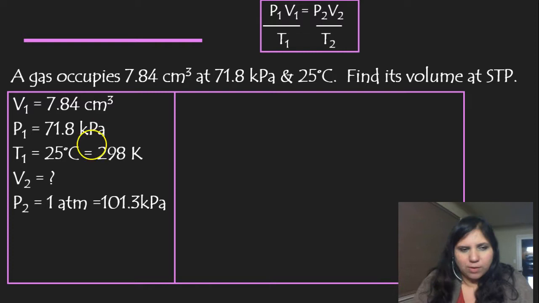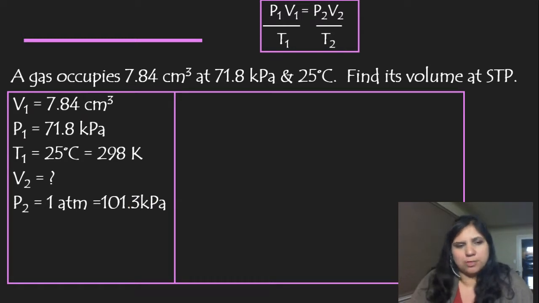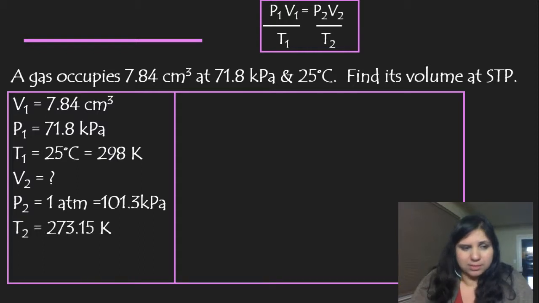Okay, so I went ahead and said, well, I know the definition of an atmosphere is 101.3 kPa, so therefore there is my units of pressure in terms of kPa. That's standard pressure. Then we have standard temperature, which is 0 degrees Celsius, or 273.15 in Kelvin.